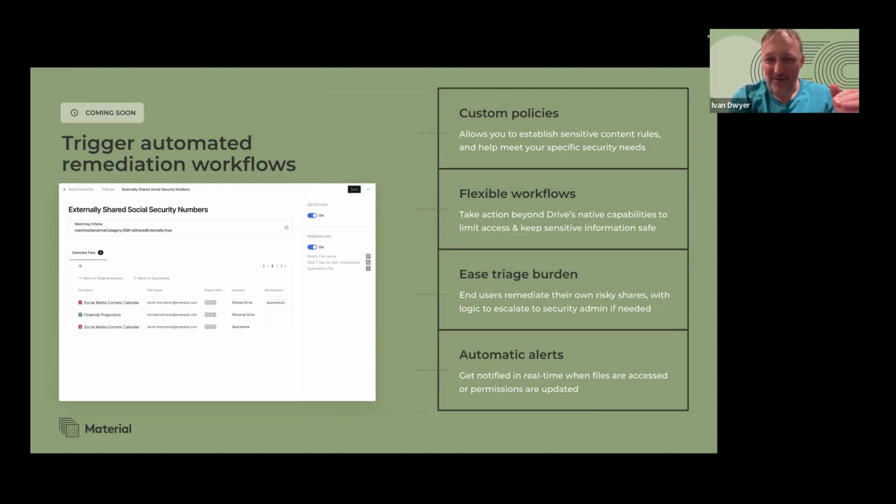If they don't self-remediate after a day, then you can move that file into a quarantine folder. And that quarantine folder could be something that you as a security team have just restricted access to. You maintain it, you know it's not going to be externally shared, so you can move that file, and that can be one option from a remediation flow. So I think that one very much maps to the question that was asked. It's a very small screenshot, so I just wanted to jump in for that.